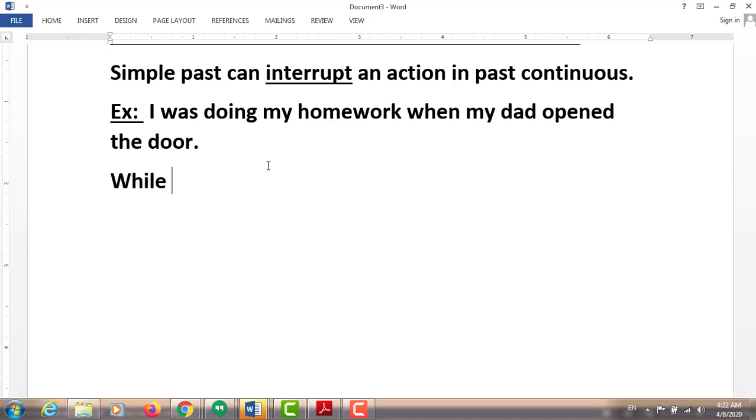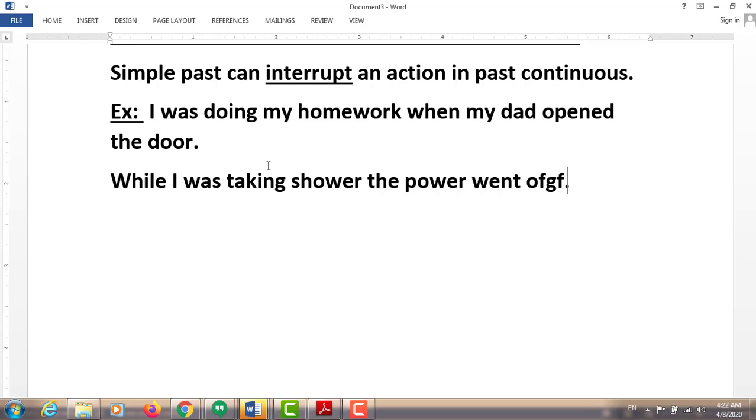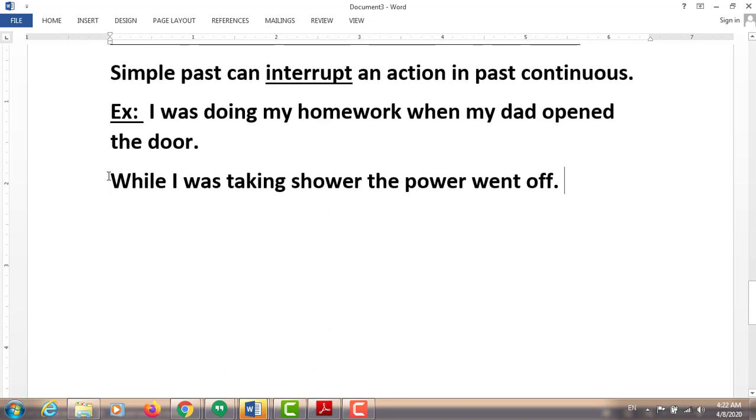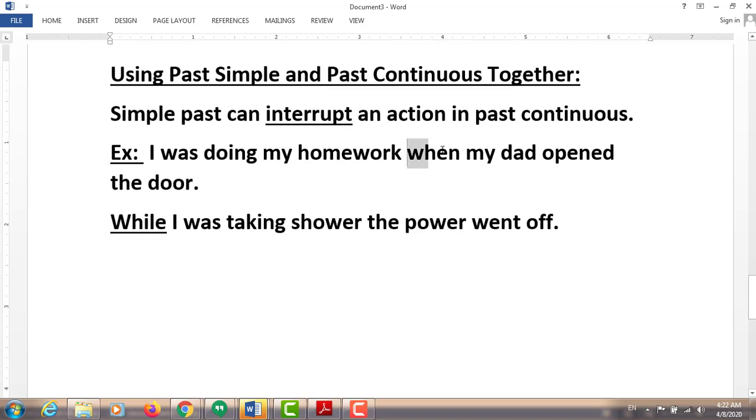While I was taking a shower, the power went off. So you were taking a shower, okay? Then what happened? The power went off, okay? So these are the conjunctions you have to use, while and when. It doesn't matter which clause you use first, simple past clause or past continuous clause, okay?